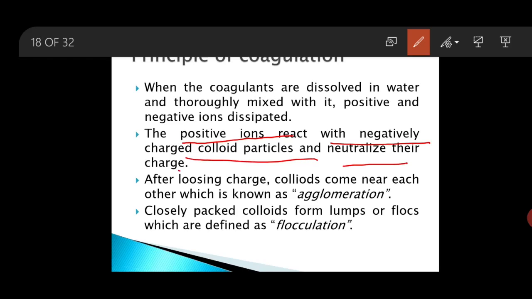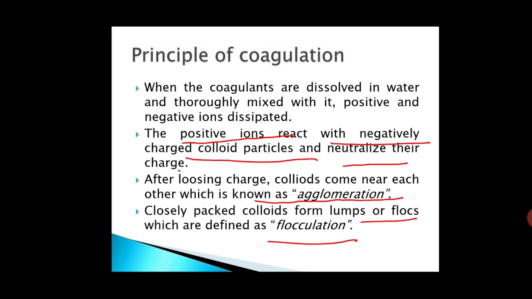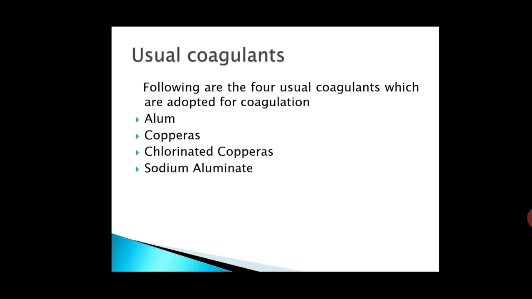After neutralization of charge, these colloids come close to each other, which process is known as agglomeration. And these closely packed colloids form lumps or flocs, which is defined as flocculation. So this is the principle behind coagulation.